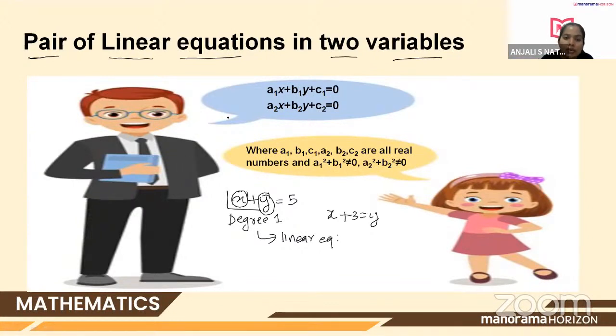The general form is a1x plus b1y plus c1 is equal to 0, and a2x plus b2y plus c2 is equal to 0. Here a1, b1, c1, a2, b2, c2 are all real numbers, and a1 square plus b1 square is not equal to 0, and a2 square plus b2 square is not equal to 0. Those are the conditions. This is the general form.